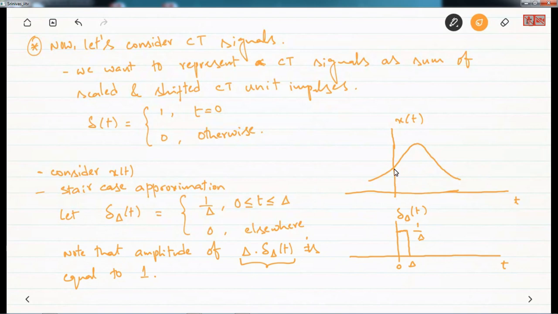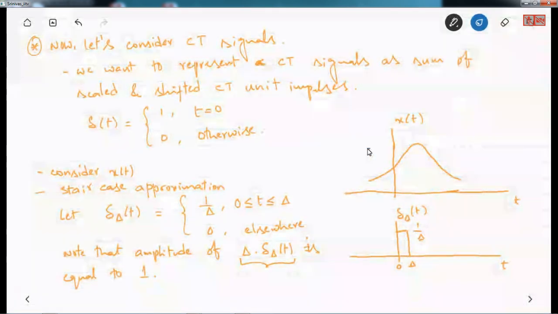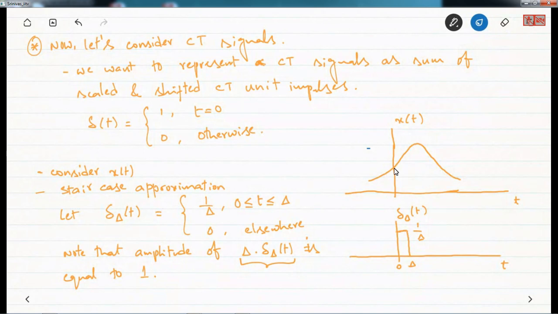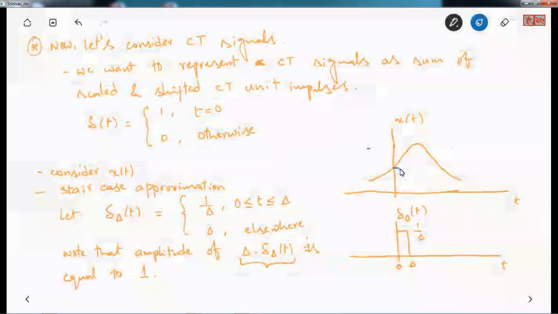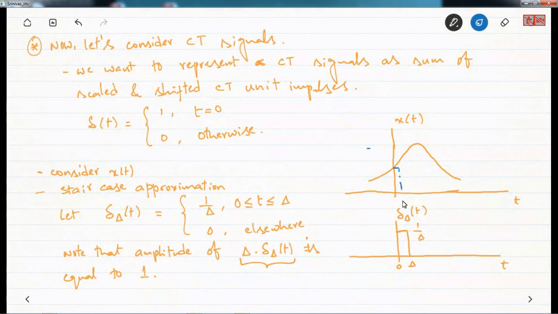Say this is delta, this is 2 delta, and this is 3 delta and so on.